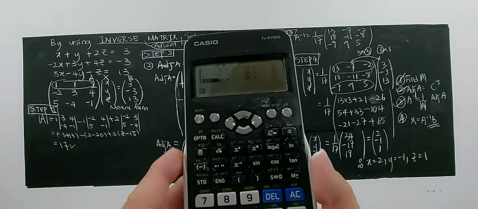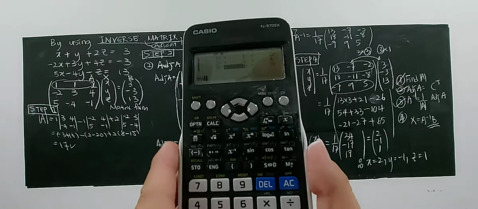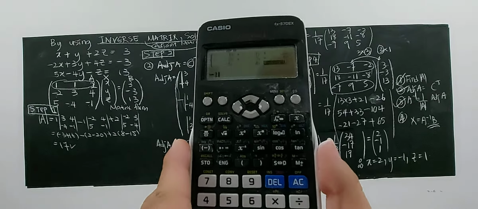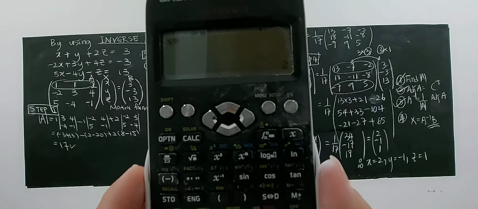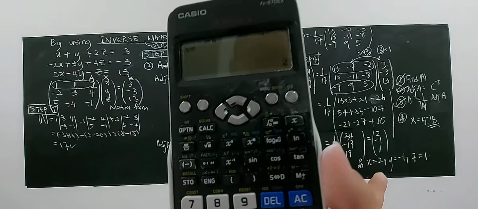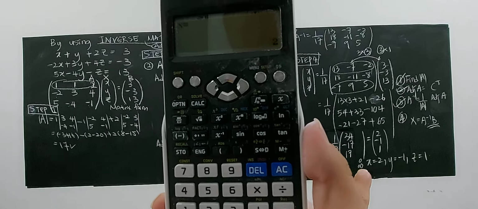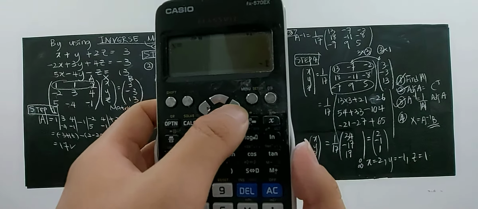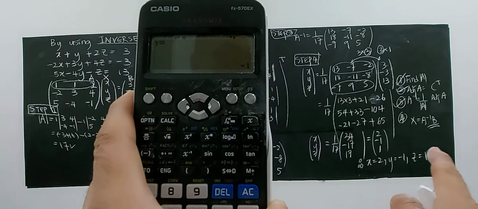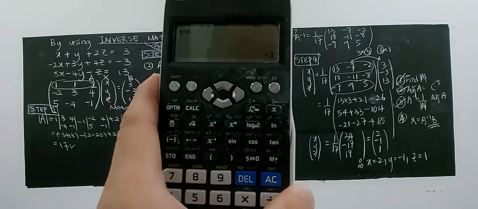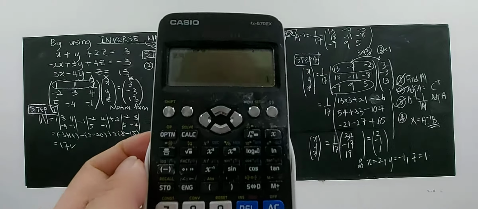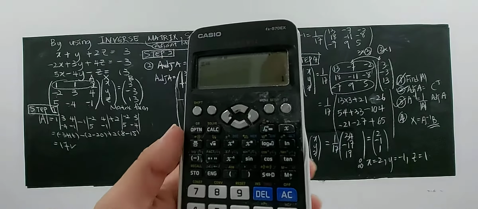Followed by 5 equal, negative 4 equal, negative 1 equal, 13 equal. Then you press equal. You get x equals 2, y is negative 1, exactly the same, and z is 1. Yes, exactly.